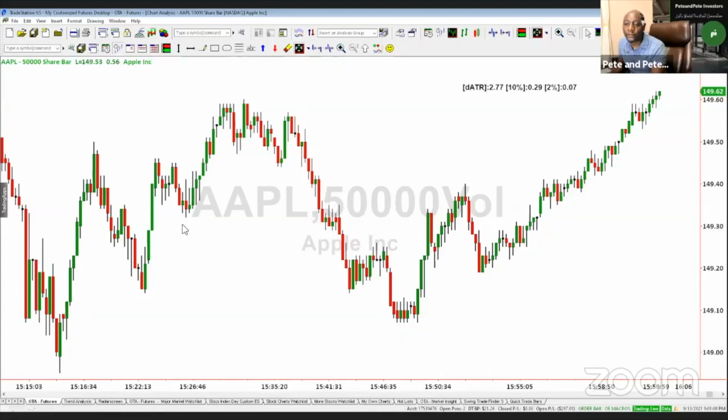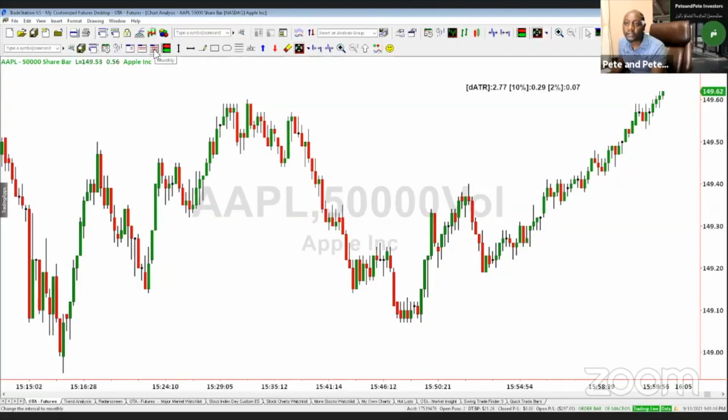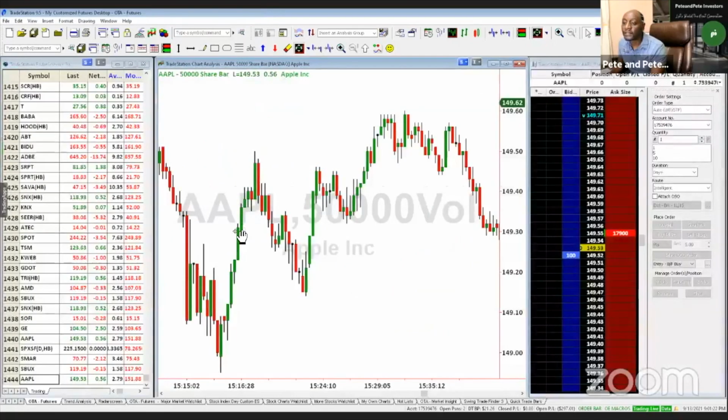Okay. So TradeStation, like I said, it has interval. You can move from 1 minute all the way to monthly. And then it has these 3 tabs that it has laid out here: daily, weekly, monthly. All right. Now remember, TradeStation has built their platform using these, what do you call them, bars?